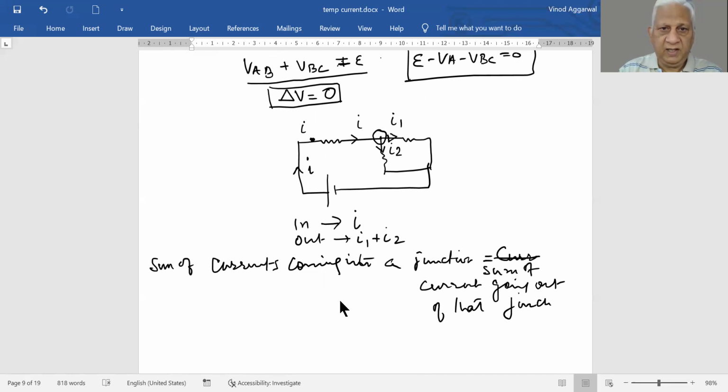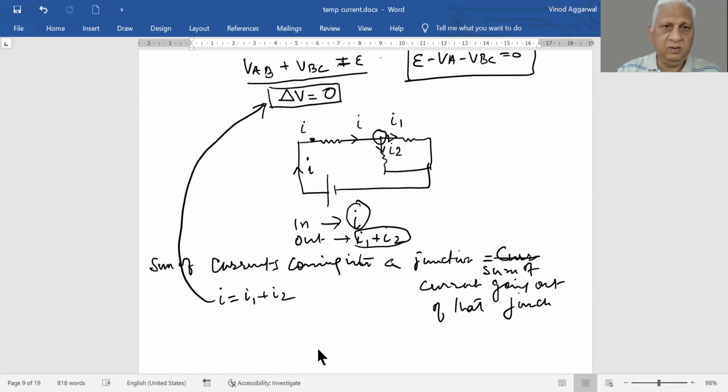So if I is the incoming current, and I1 plus I2 is the outgoing current, then by Kirchhoff's law, I should be equal to I1 plus I2. This will hold for any node, for any situation. And this follows this phenomenon, it is one and the same thing.